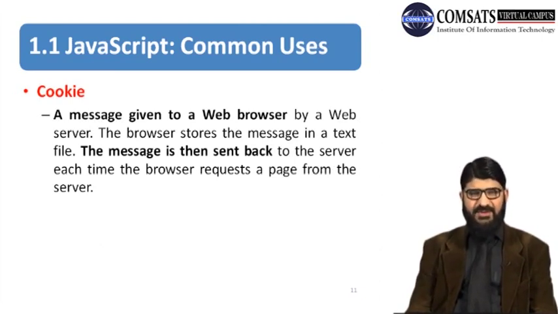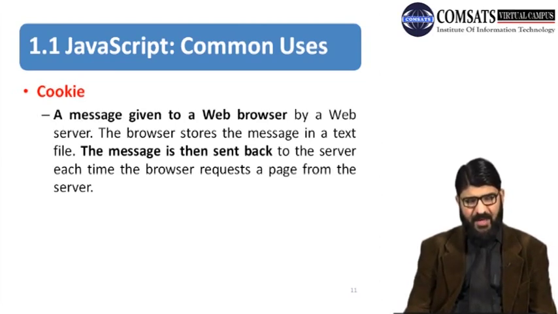So whenever a user requests a resource from the web server, it can send a message to the web browser. The browser will store that particular message as a text file, and that message is sent back to the server each time a browser sends a request for a page from the server.